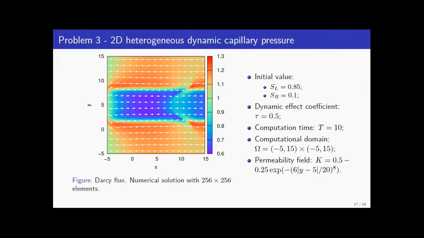This is a very simple example. So we have high permeability values here, and a low value here.